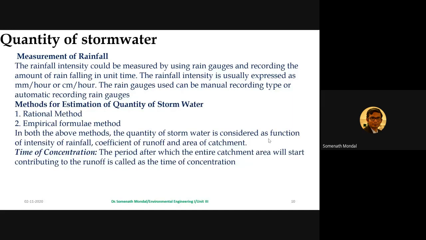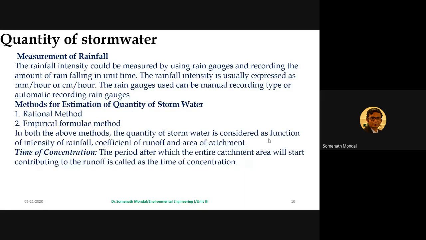So the rainfall intensity could be measured by using rain gauges and recording the amount of rain falling in unit time. So the rainfall intensity is usually expressed in millimeter per hour or centimeter per hour. I guess the standard device, if you refer to any textbook, you will be able to see it.